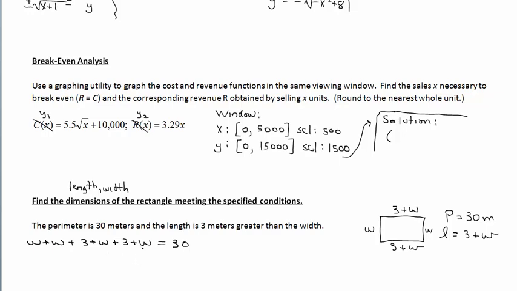So cleaning this up, we're going to have 4 W's collected, plus 6 equals 30, and let's solve this equation. Now that I know that the width is 6, to find the length, I'm just going to take and add 3 to my 6.